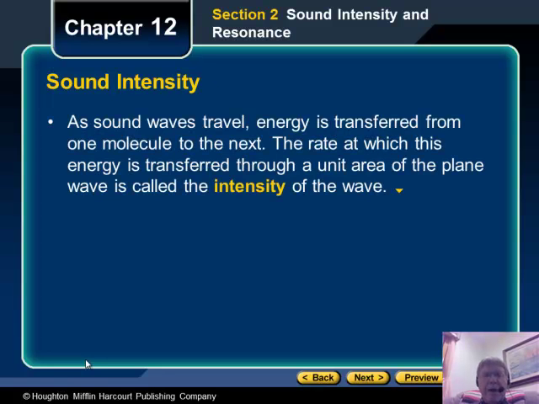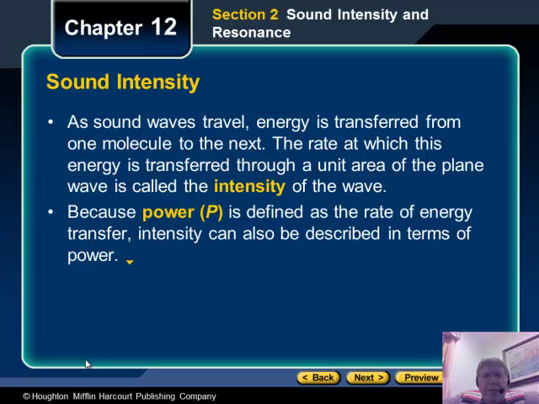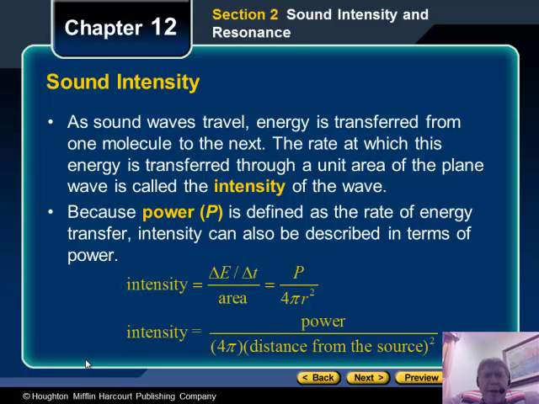First of all, sound intensity. As sound waves travel, they transfer energy from one particle to the next in the medium that they're traveling in. The rate at which that energy is transferred through a unit area of the plane is called the intensity of the wave. And since the rate of energy transfer, energy divided by time, is power, we can describe the intensity in terms of the power.